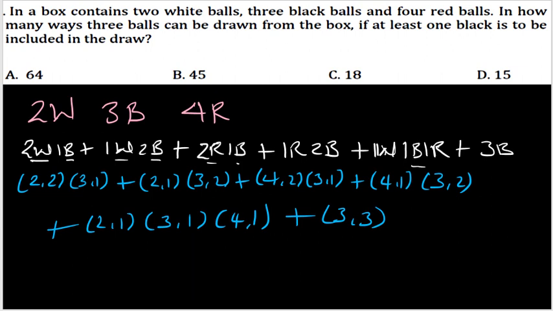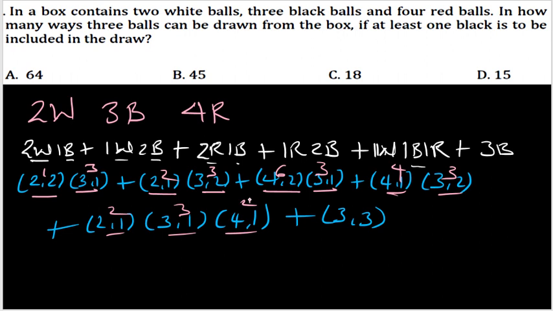Now you have to be systematic and calculate. 2 combination 2, you know it's 1, and this is 3. 2 combination 1 again 2, and 3 combination 2 is 3, and 4 combination 2 is 6, and 3 combination 1 is 3. Here it's 4, 3, and this is 2, 3 and 4, and 3 combination 3 is just 1.